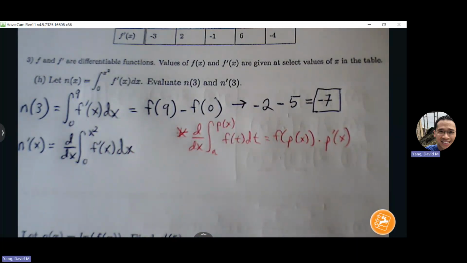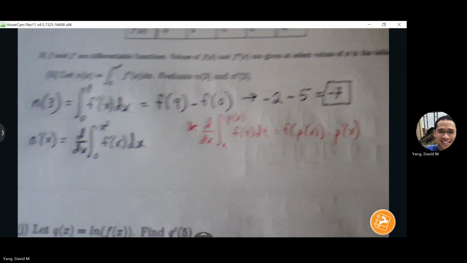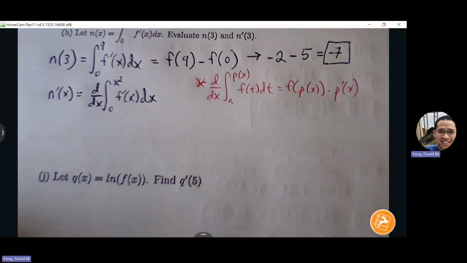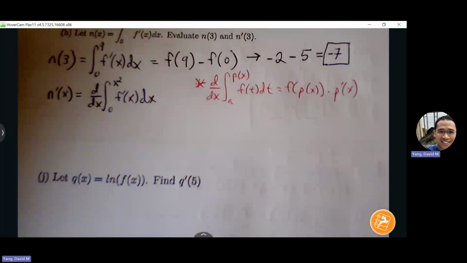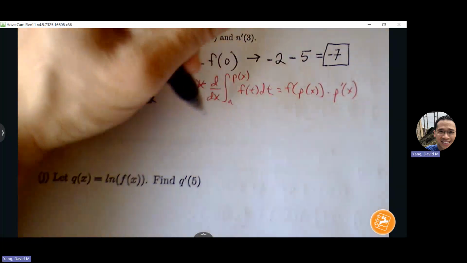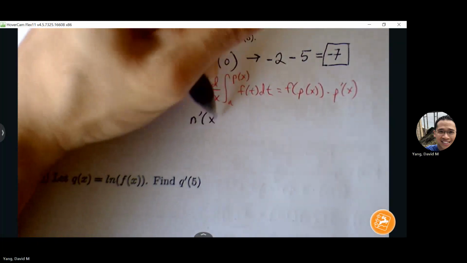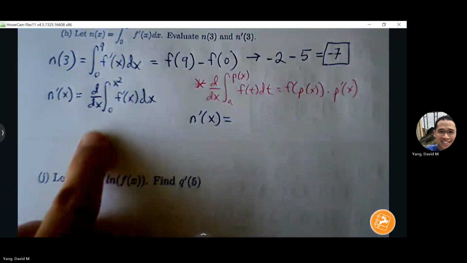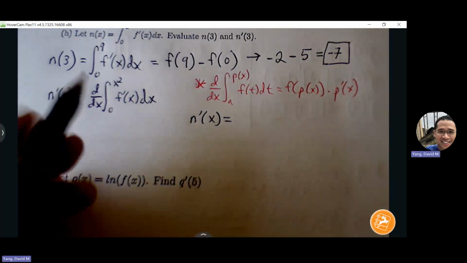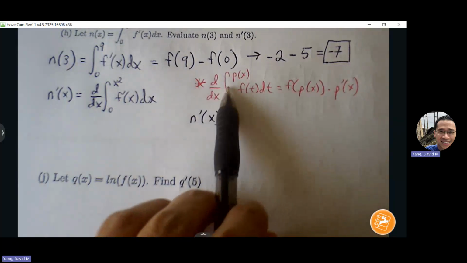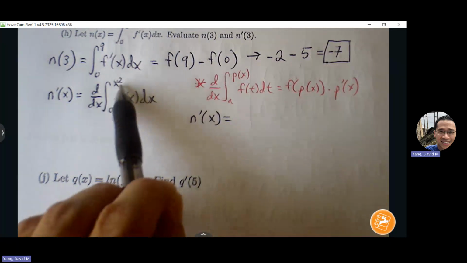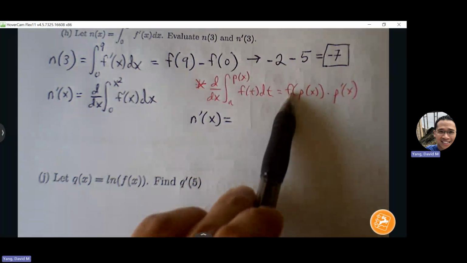The operations will cancel out, but the upper bound will have some residual effects on our derivative. So let's do that. So n prime is equal to... All right, what the rule says is these operations cancel out, but I'm going to plug the upper bound into the function.